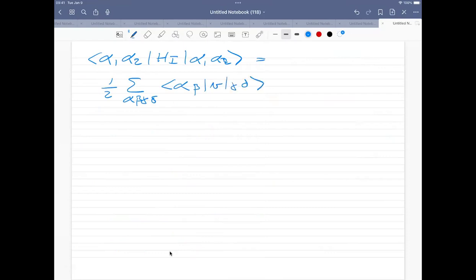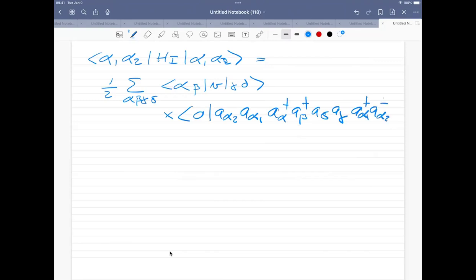Then we have to calculate, using Wick's theorem, this term, where we have A alpha 2, A alpha 1, and then the operator A alpha, A beta, A delta, A gamma, and then A alpha 1 dagger, A alpha 2 dagger acting on 0. So this is the expression we need to evaluate.